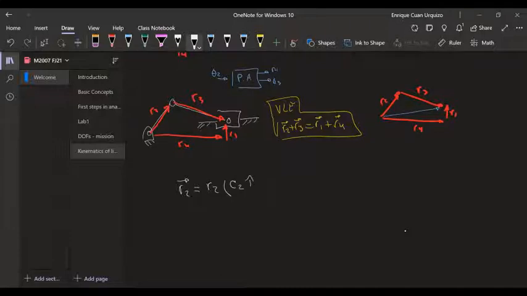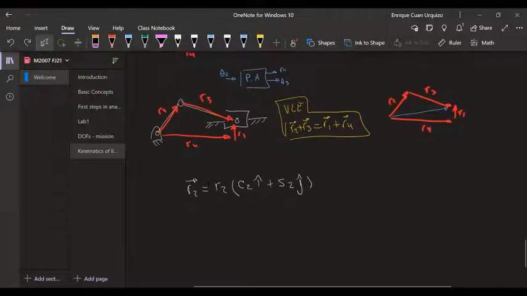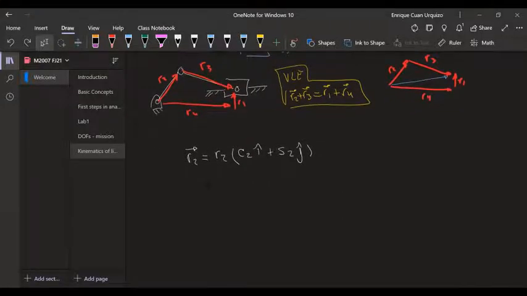Cosine, that's the horizontal component. Plus the sine of the vertical component. That's vector R2. So remember, just a very tiny recap from physics: magnitude, orientation. That's it, nothing else. Okay, so that's vector R2.